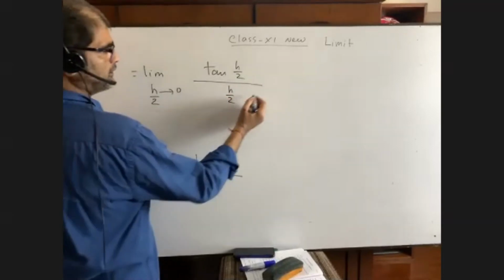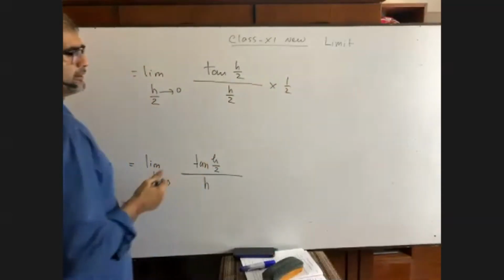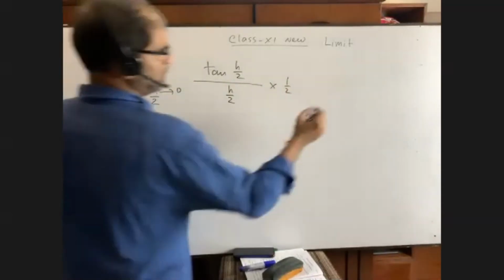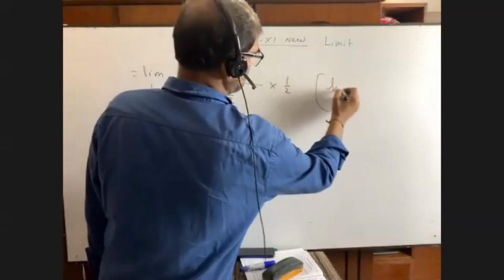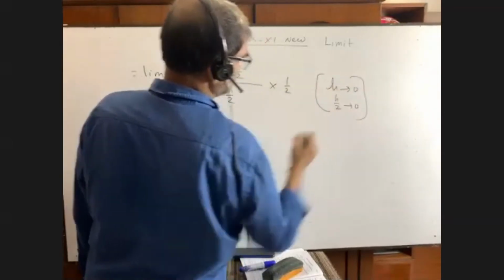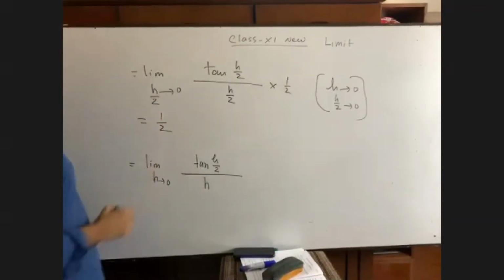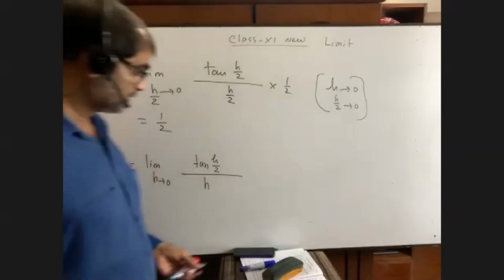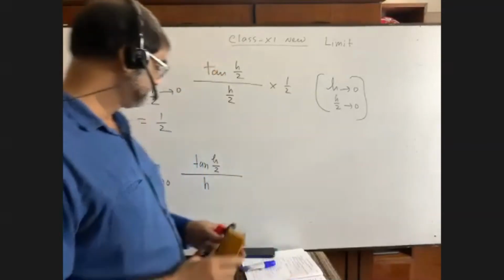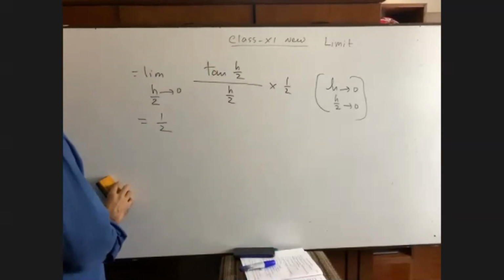Very good. Half and half will be omitted. You have to write down, theta by 2 tends to 0. So we are getting our answer, the math is done. Please try to understand. Have you copied? Yes, sir.